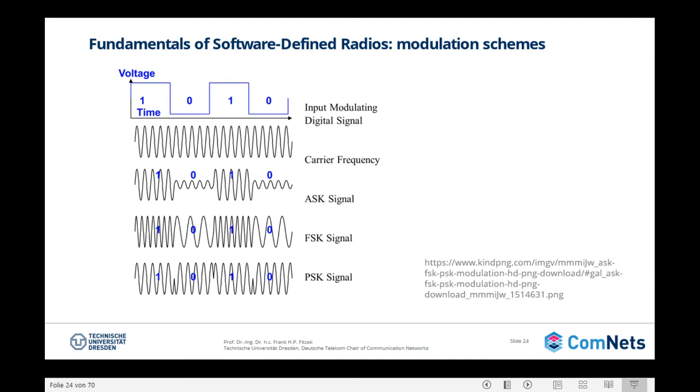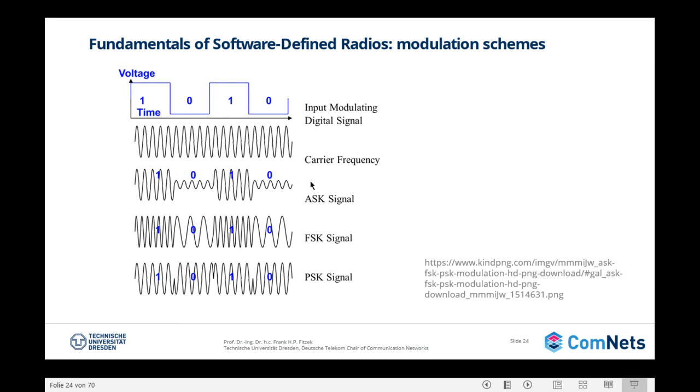So here, what we have is our bit stream, and it's composed of 1, 0, 1, 0. Down here, what we have is our high frequency carrier signal. If we want to do a modulation in amplitude, basically what we are going to do is to assign the higher amplitude to the ones and the lower amplitude to the zeros.